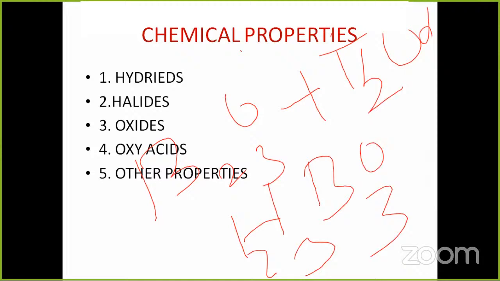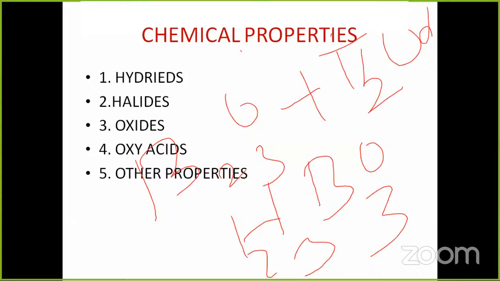Any group oxides when dissolved in water produce certain acids. Those acids are called oxyacids. The compound name is H3BO3. It is called boric acid or boric powder. We use it in carom board, or as an antiseptic.